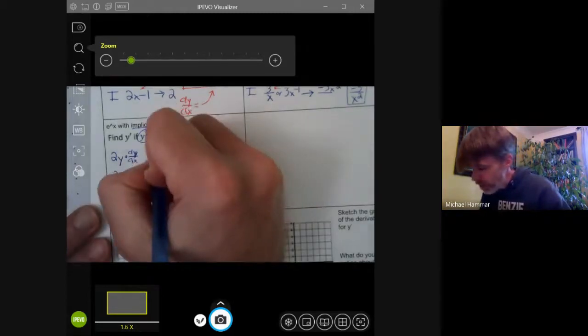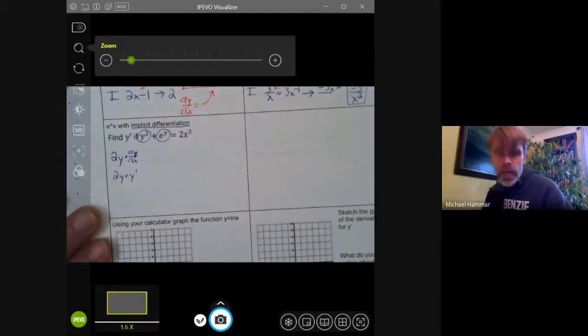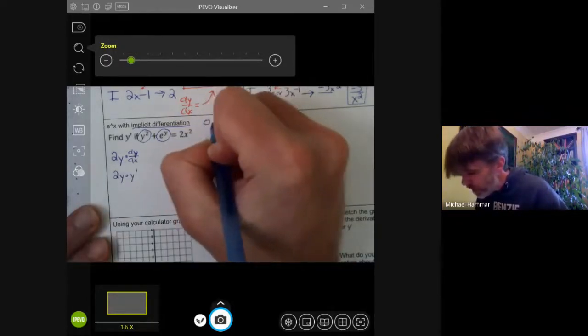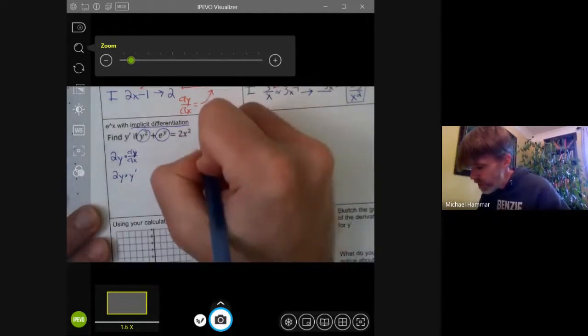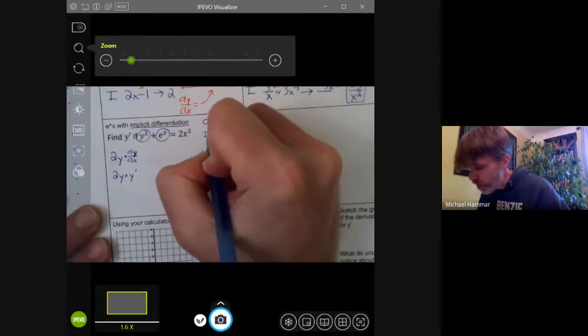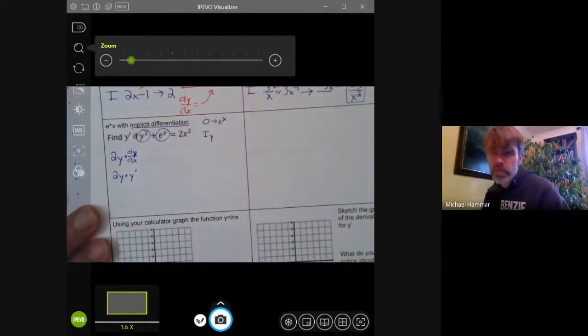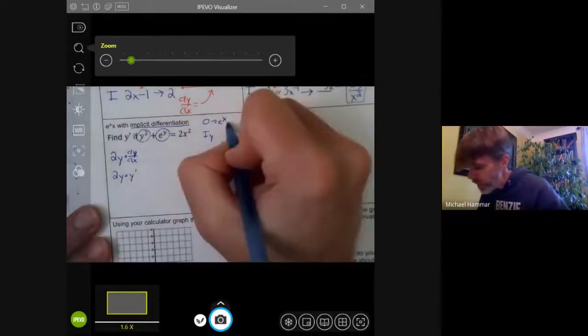Now, take a look right here. E to the y. There's something you need to recognize if you're talking about e to the y. This is now a chain rule function. Okay? So your outside function is e to the x. Your inside function is y. Okay? So take the derivative of each.